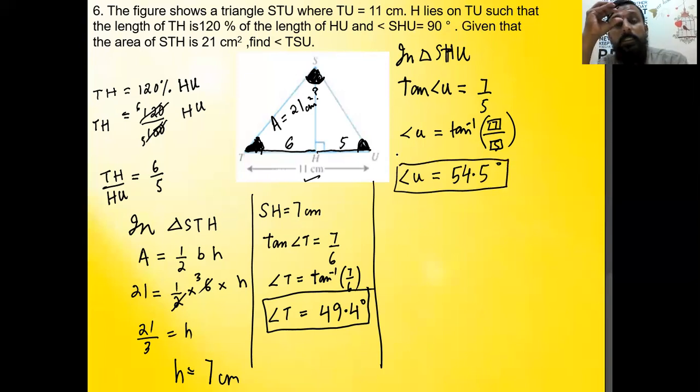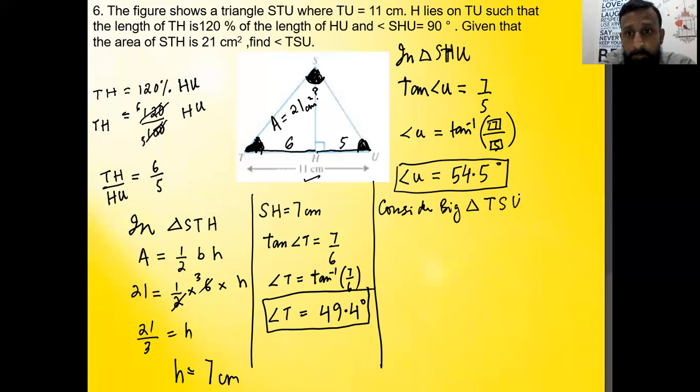Now, boys and girls, our required angle is angle S, that is angle TSU. So what can we do? We need to consider the big triangle. What is the name of the big triangle? TSU. In this big triangle TSU, the sum of three angles equals 180 degrees. We know that this is the basic rule in any triangle.